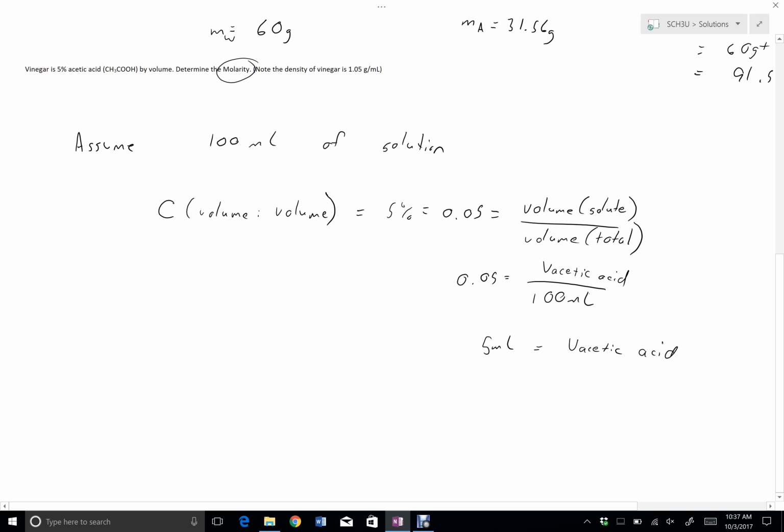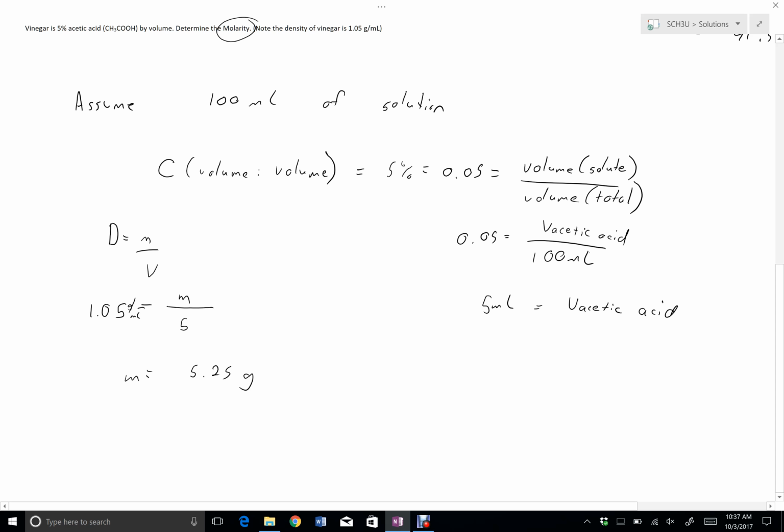If I want molarity, that means I want moles, and moles are based on mass, so I've got to take this volume and convert it over to a mass using the density. Grams per milliliter. So that's going to be 5.25 grams. And then if I want that in moles, I need to find my mass divided by my molar mass.